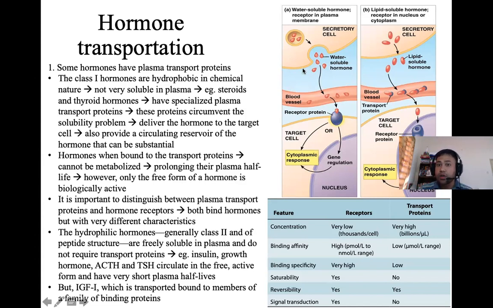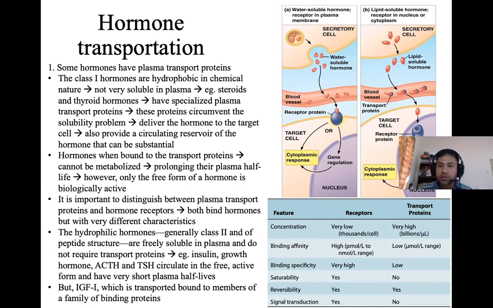They love to travel with the help of water or inside the watery condition. So this is the basic introduction to the different classes of the hormones. The way that they can be transported now is using the plasma transport protein.